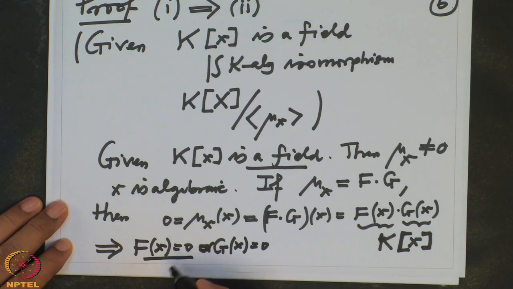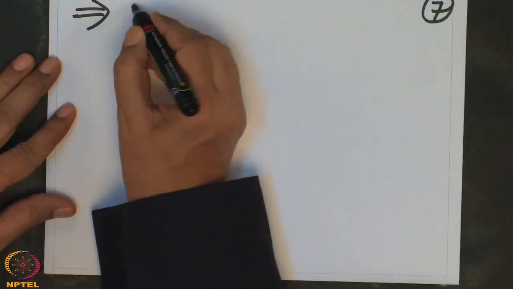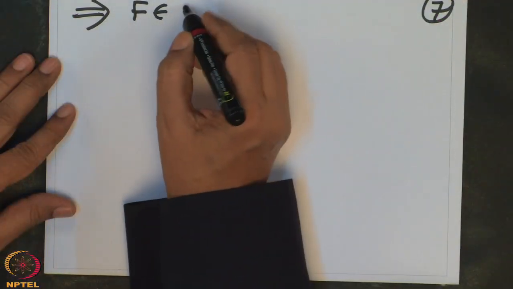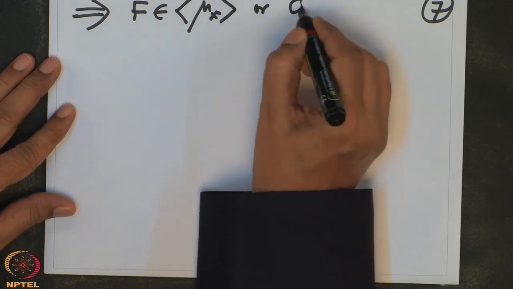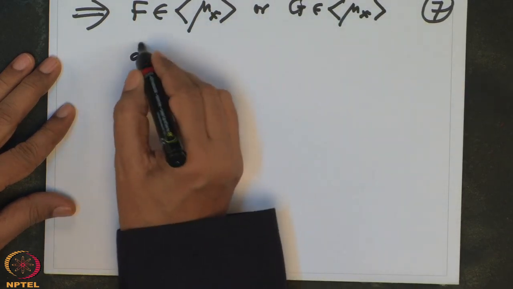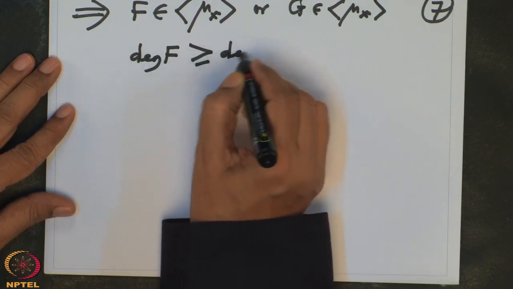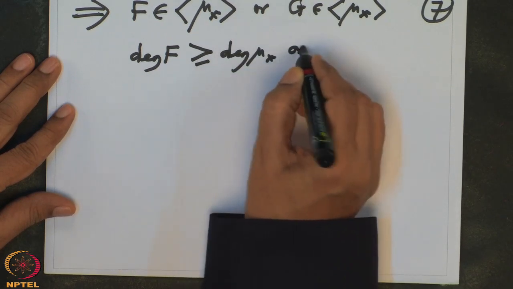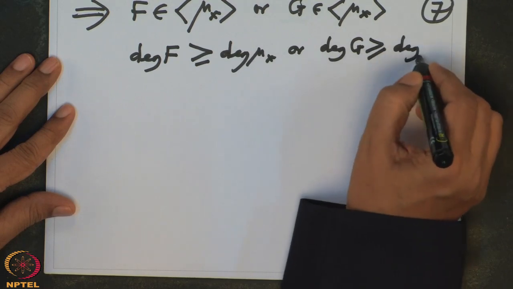But f(x) is 0 will mean that f belongs to the ideal generated by mu_x, or g belongs to the ideal generated by mu_x. In particular, the degree of f will be greater than or equal to the degree of mu, or the degree of g will be greater than or equal to the degree of mu.